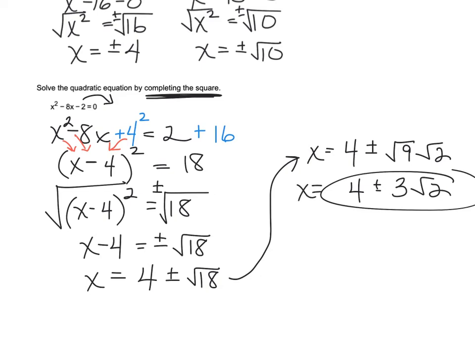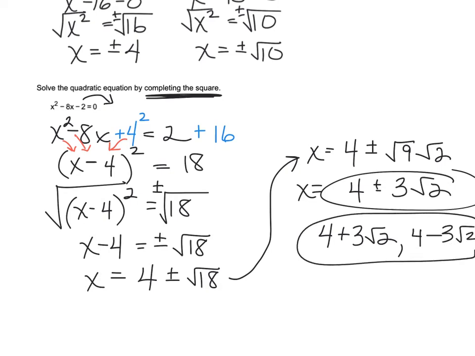It's very possible that in the solution you may need to type it as 2 different answers: 4 plus 3 square root of 2 and 4 minus 3 square root of 2. I honestly am not sure. They may take it the first way with the plus and minus sign, but either of those is the answer.